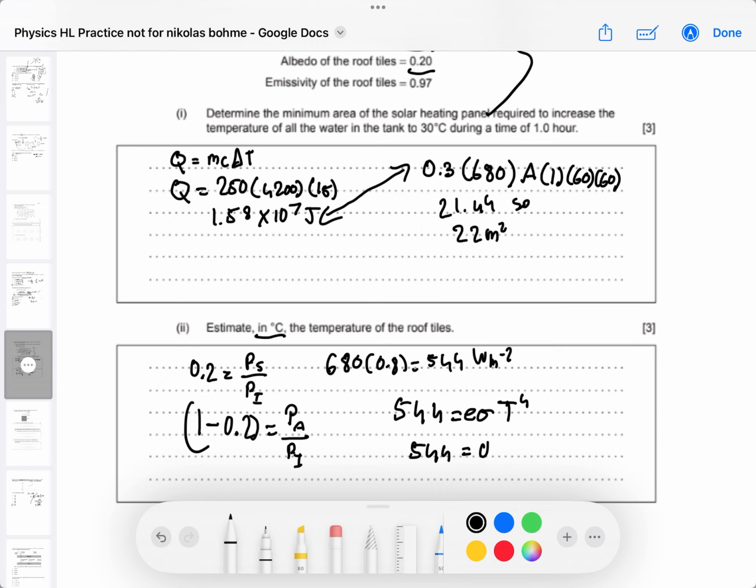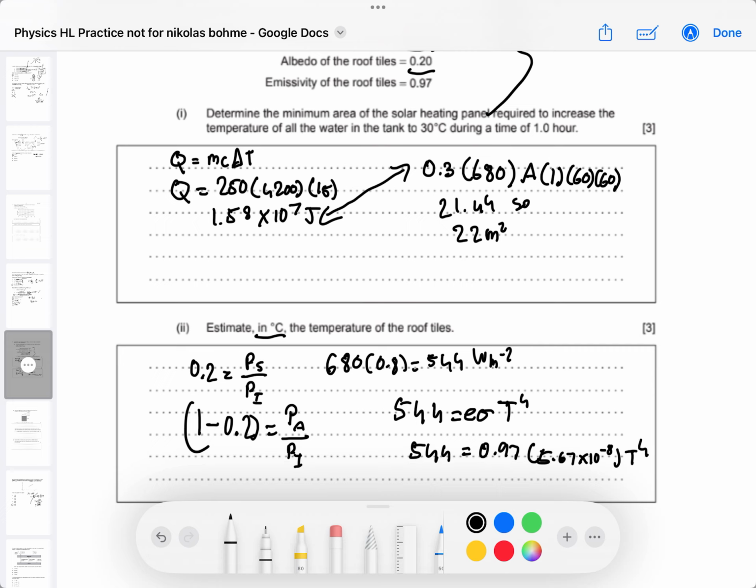544 equals 0.97, which is the emissivity, times the Stefan-Boltzmann constant, which is given in the formula booklets, 5.67 times 10 to the negative 8, times T to the 4.